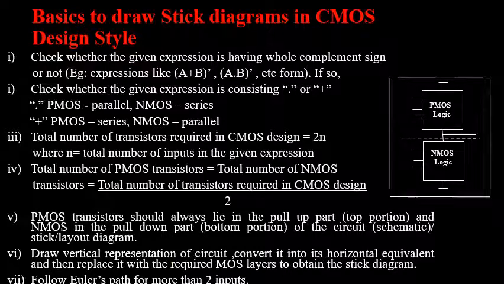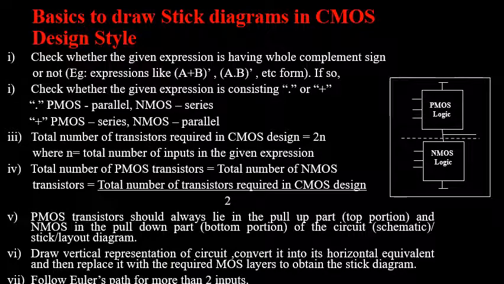All these things, that is step 1 to step 6, hold good for any type of logic asked in terms of expression, whether it is a simplex expression or a complex expression. These are the rules which we are going to remember throughout for any type of expression asked. Only thing is, if the expression is not given in the whole complement form, you are supposed to take 2 more transistors in addition.